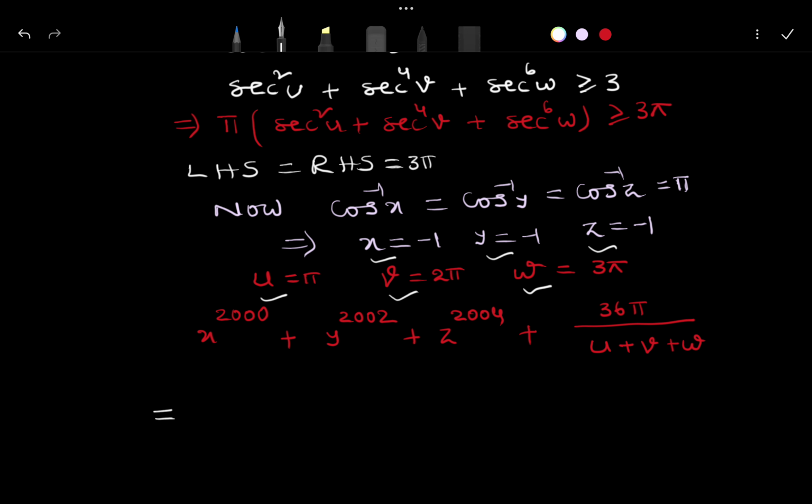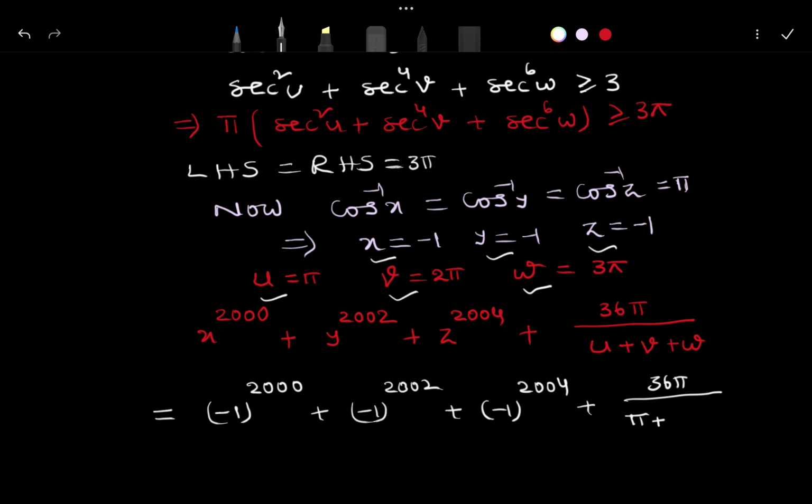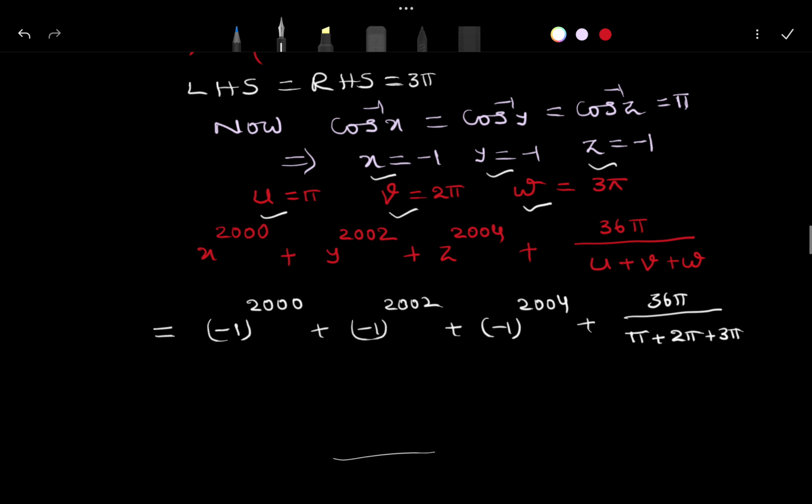Substitute all of this: -1 whole to the power of 2000 plus -1 whole to the power of 2002 plus -1 whole to the power of 2004 plus 36 pi whole divided by pi plus 2 pi plus 3 pi.